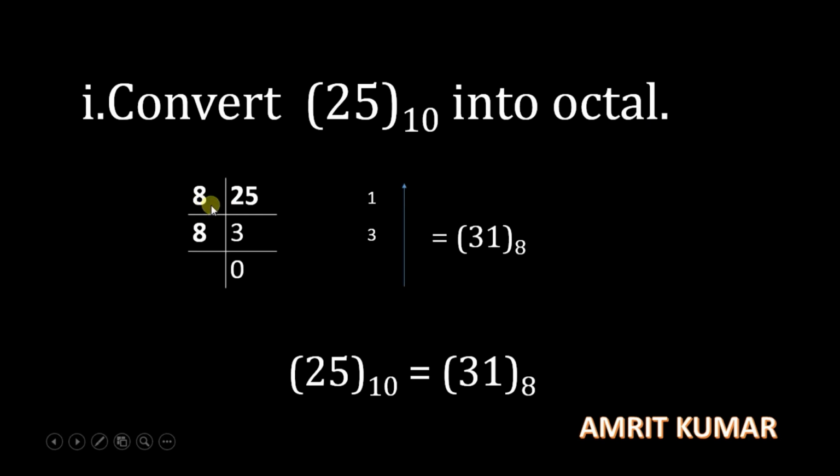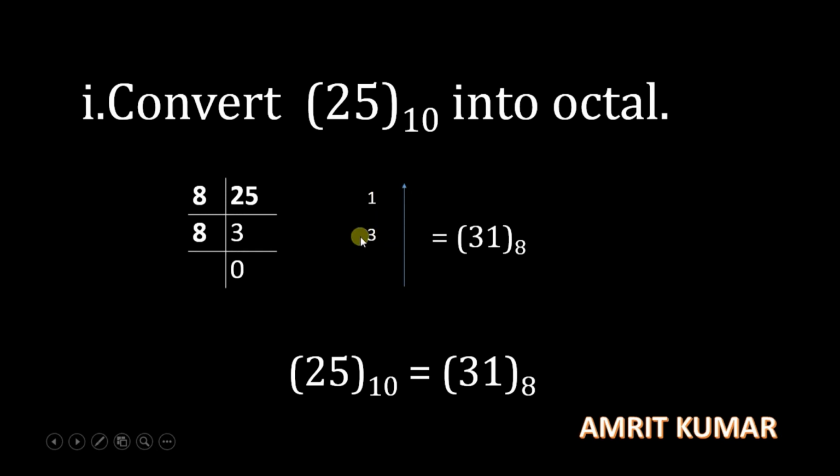So you are seeing here that I am dividing 25, which is the decimal number, by 8. After that you have to follow the bottom to top approach for the remainders.